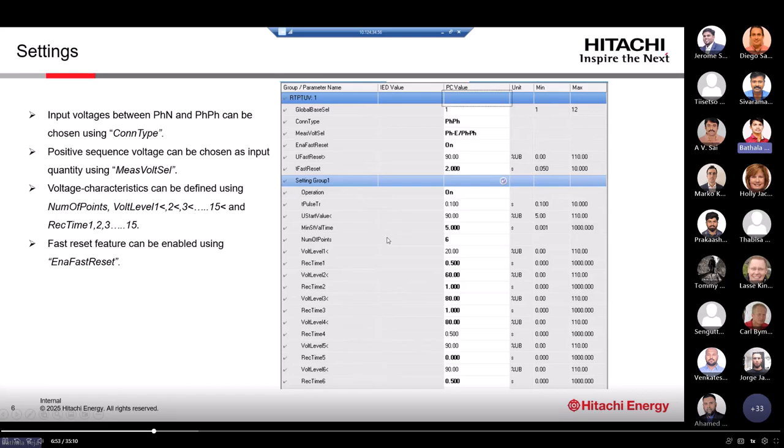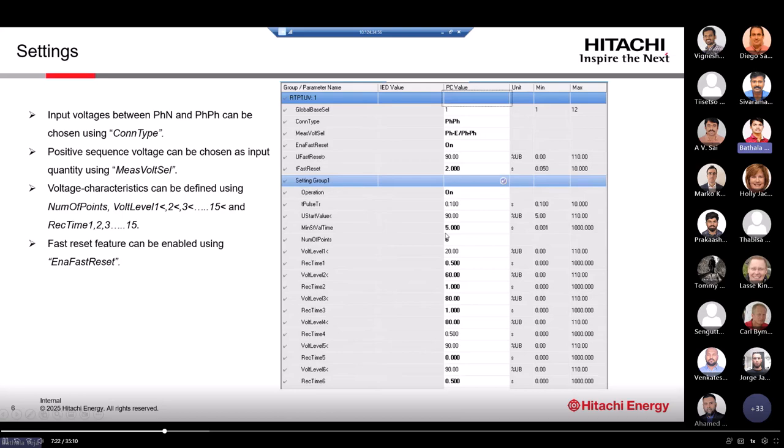I have shown one output, ready. Before even indicating there is an under voltage condition, we are checking whether the voltages are healthy in the initial state or not. For that, we check whether the voltages are rated or healthy. If it is greater than the U start level, that is considered a healthy state, and that has to hold for this set time, the minimum start value time.